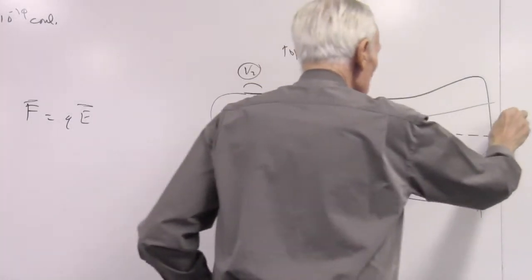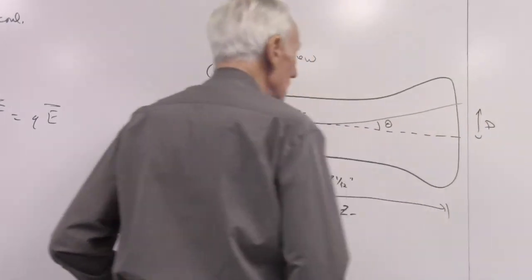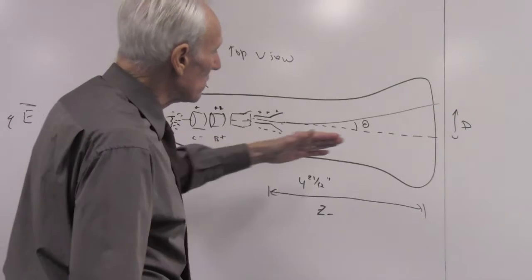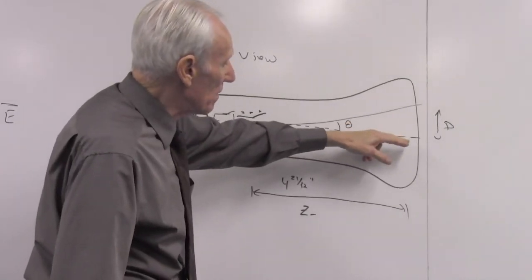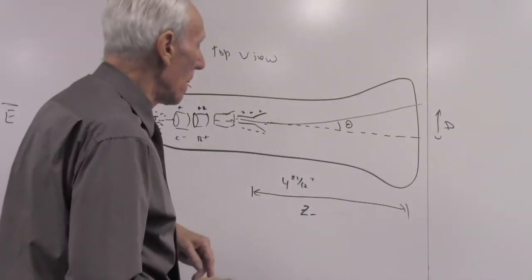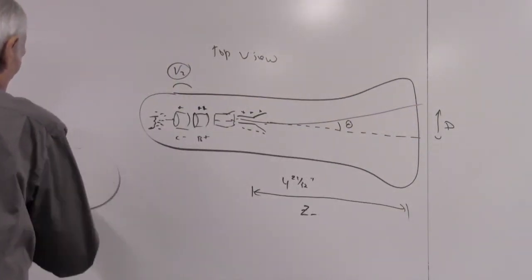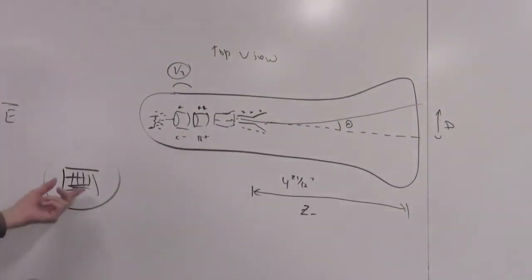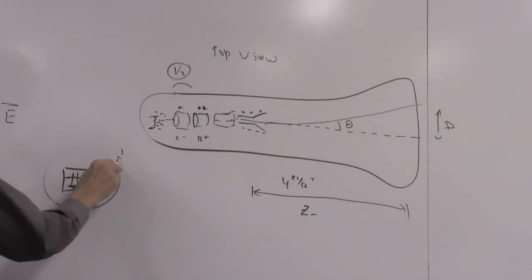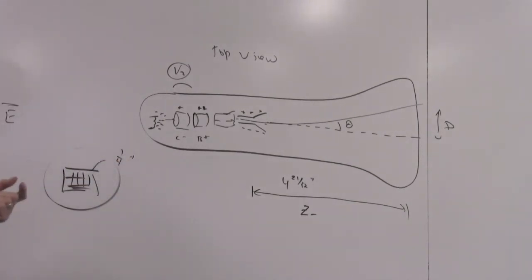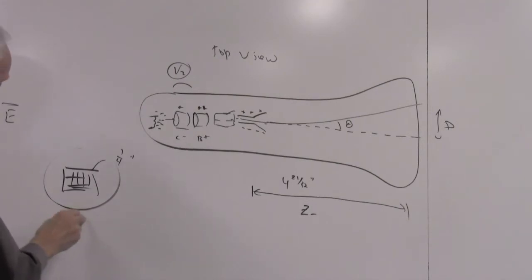So this distance here is called big D, and it's the distance that the beam is deflected from the center of the tube. Now this tube has a grid on it, and this grid is in 1/4 inch segments, and this grid is 2 inches by 2 inches.